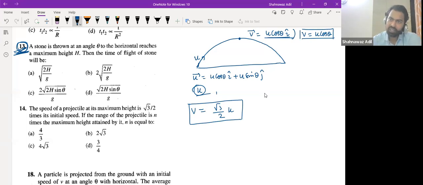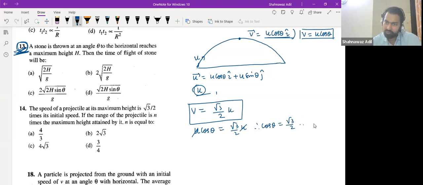So v is u cos theta, and this is equal to root 3 by 2 u. So u cancels, cos theta is root 3 by 2. So what is theta? 30. 30, right? Good. So now we have calculated theta.